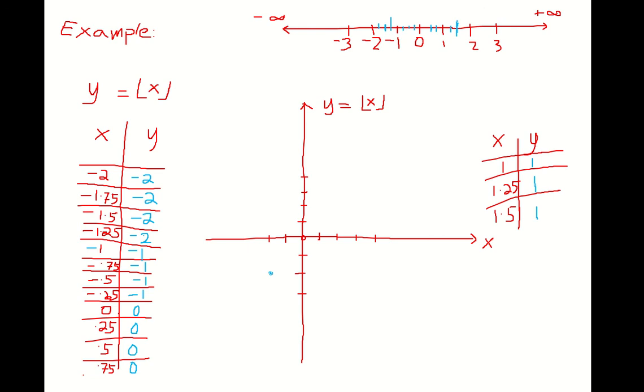Then for negative 1.75, so for x equal to negative 1.75, it is somewhere here, between negative 1 and negative 1.5, and we have also negative 2. Okay, so we have also negative 2 here.